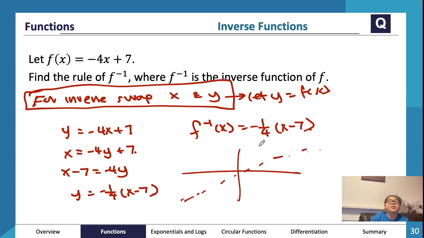If it looks like bump, bump, bump, bump, it's going to be flipped. You can consider the line a mirror which the graph is flipping over.